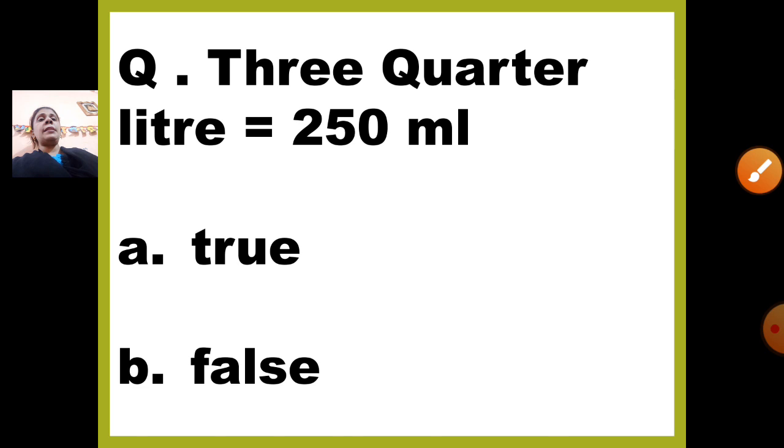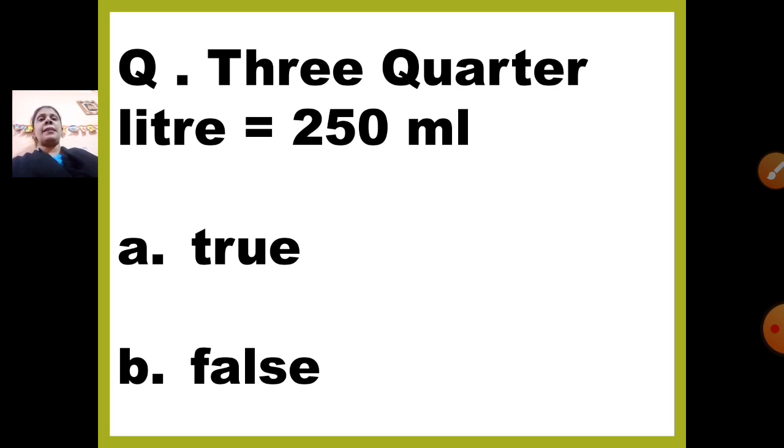3/4 liter is equal to 250 ml. Option A, true. Option B, false. Children, 3/4 liter. 1 liter is 1000 ml. Correct. 1 liter is equal to 1000 ml. That is milliliter. So 3/4 of 1000, 3/4 liter will be 750 ml.